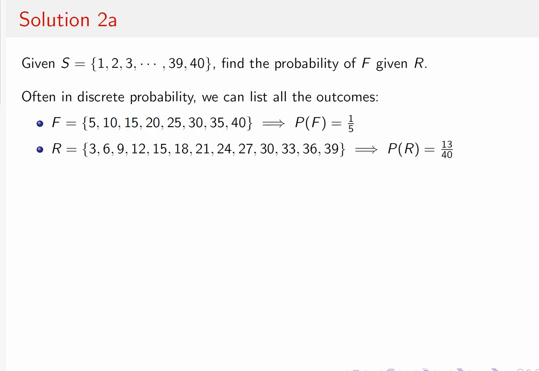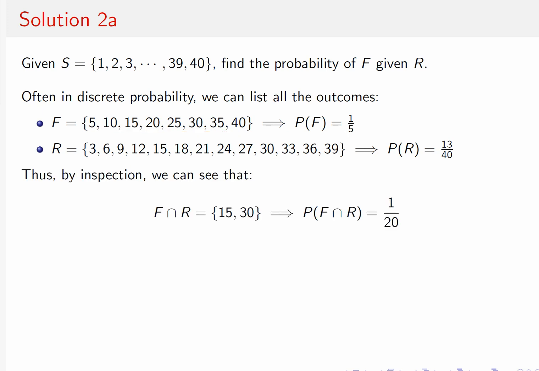Same for the set R. Then by inspection, what do I mean by inspection? If we're looking at the intersection, we're asking what numbers can I find in both sets? Well, 15 is in both sets, and 30 is in both sets. Is there anything else in both sets?